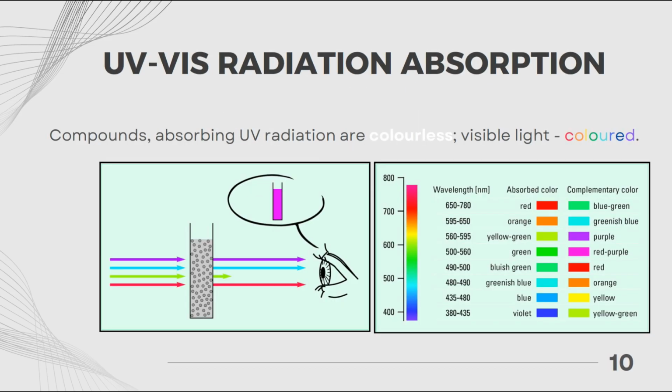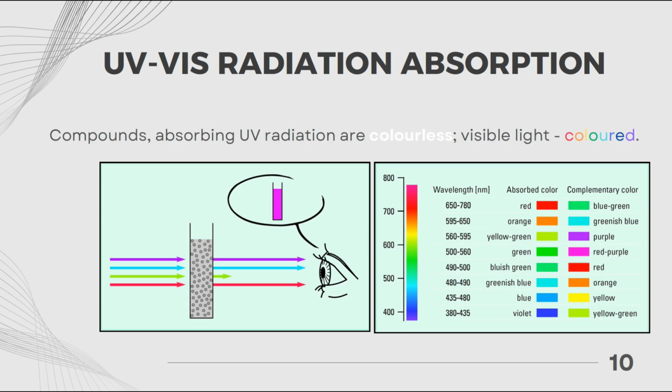And here is just a small reminder of how everything works, because we'll talk about the same in atomic emission spectrometry. So you should keep in mind why we see the color of any compound. If a compound absorbs some part of the visible spectrum, here on the left you may see the rainbow of the visible light, and green color is absorbed here.